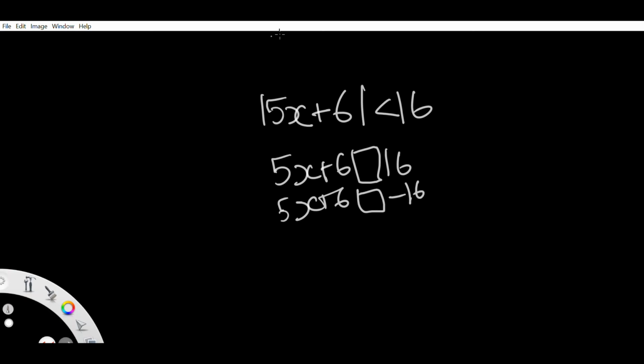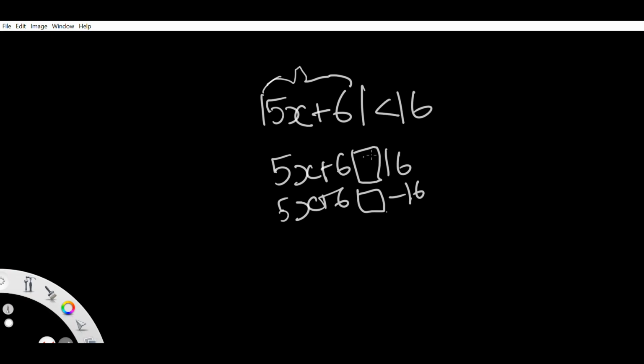So if you look at it in a graph, it's basically saying that the absolute value of 5x plus 6 needs to be less than 16. So the distance of this whole expression from 0 needs to be less than 16.